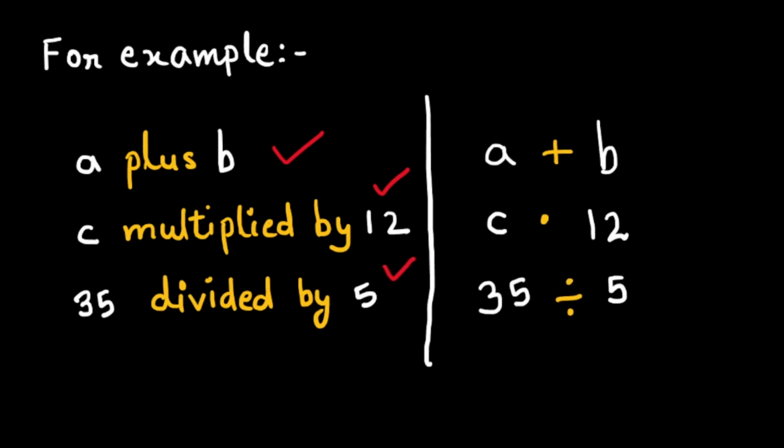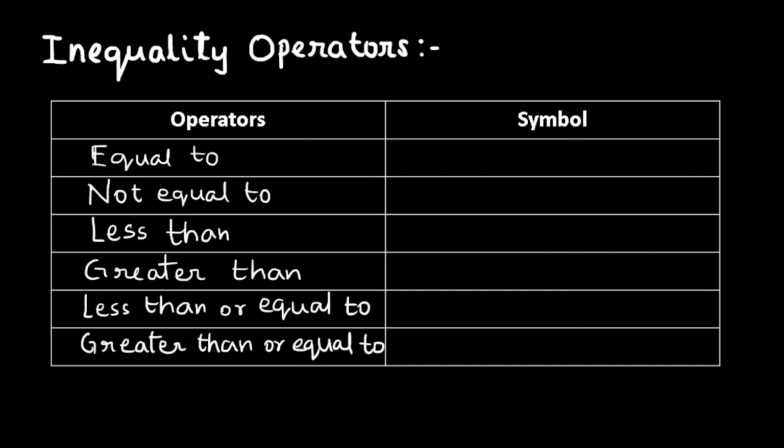There are operators for comparing two quantities in algebra, called the inequality operators, which are equal to, not equal to, less than, greater than, less than or equal to, greater than or equal to.